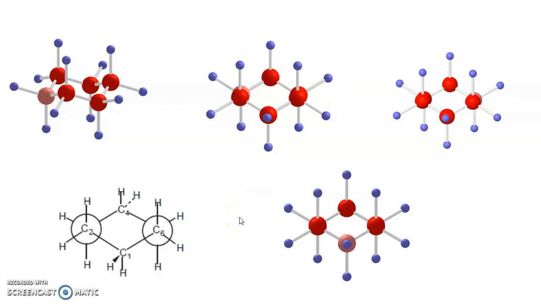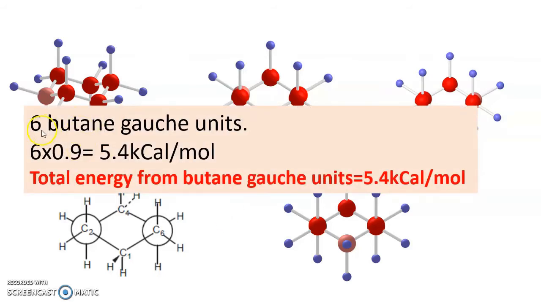Okay, chair conformation. And then when we calculate the energy of the Gauch units, butane Gauch units, we find that there are 6 butane Gauch units, and every butane Gauch unit is equated to 0.9 kilocalories per mole.